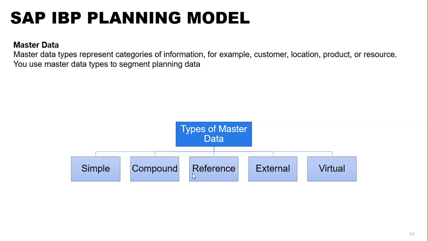we'll go for the reference master data. Now external master data comes into the picture when you are connecting with other SAP legacy systems, or SAP HANA system, S4 systems. For example, the material is there, and here we call it a product.